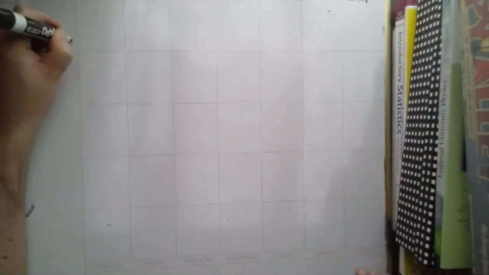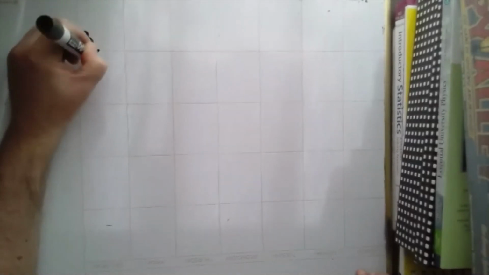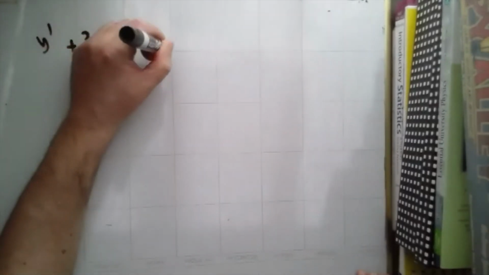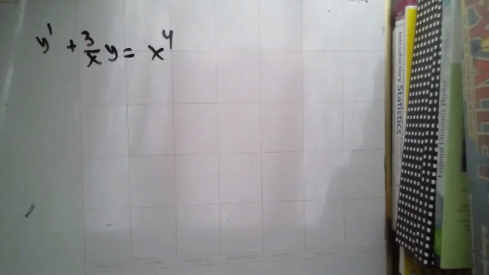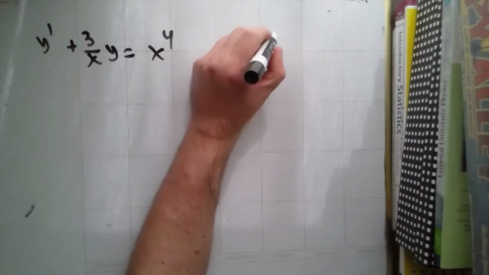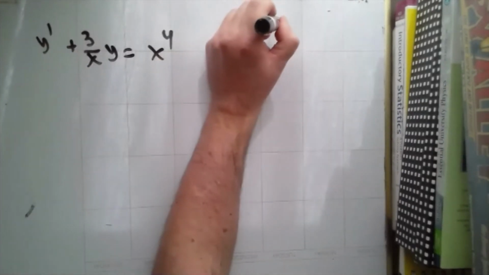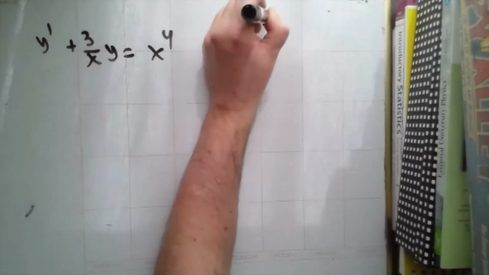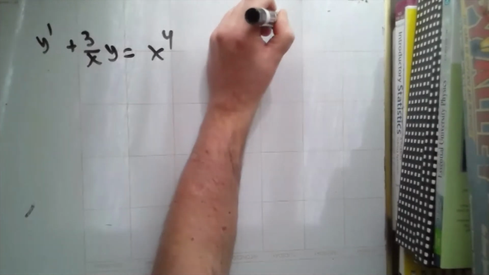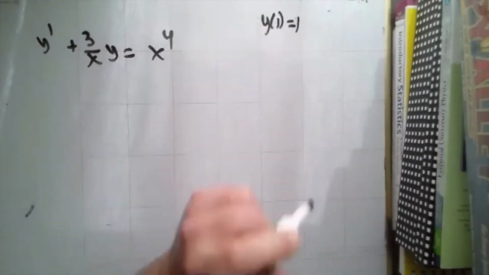Let's say we've got y prime plus 3 over x y equals x to the 4th. And maybe, I don't know, for fun, we'll do an initial value problem. And let's say y of 1 equals 1.